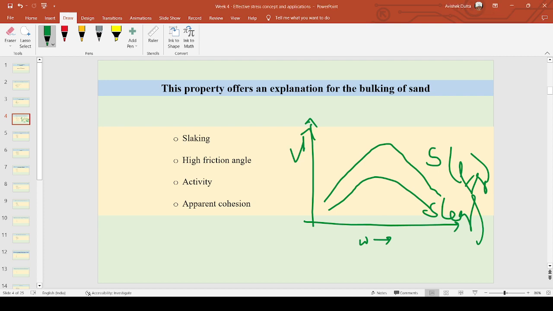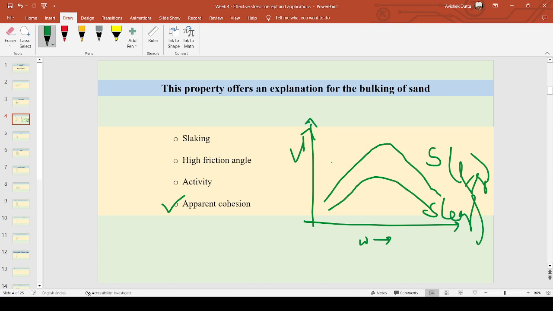Because of which the action of water leads to an increment in volume. This property is also called apparent cohesion. It seems like there is cohesion among the particles, but actually there is no cohesion. It is the interparticle adhesive force in action due to the capillary action of water.